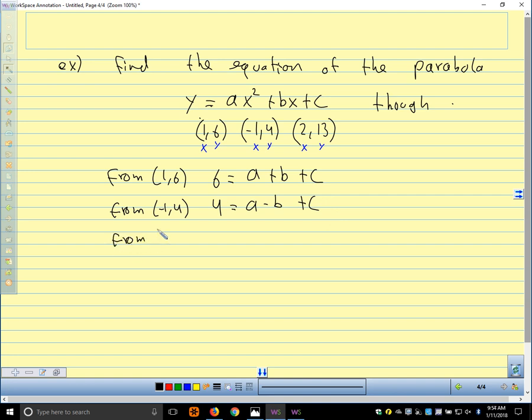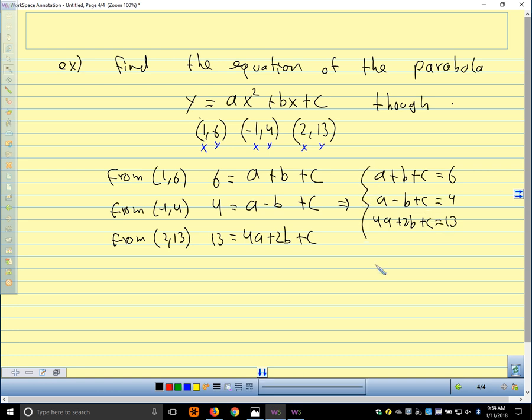And from 2, 13, we get 13 equals, 2 squared is 4, x is 2, so plus 2b plus c. And if we write this the way that we have been writing these, we get a plus b plus c equals 6, a minus b plus c equals 4, and 4a plus 2b plus c equals 13. And there's our system of equations. Instead of x, y, and z, we have a, b, and c.